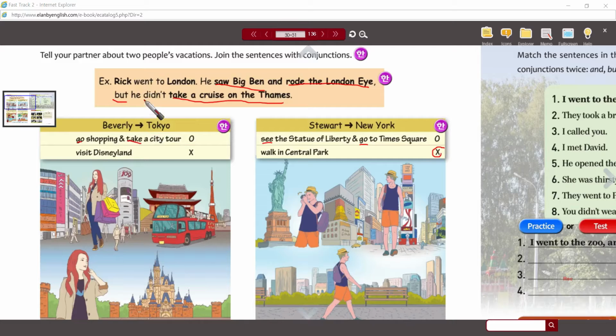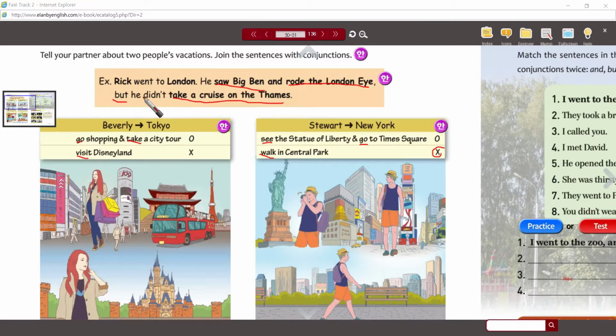But when we use a negative sentence, okay, so he didn't take a cruise on the Thames, she didn't visit, okay, so we precede that by he did not visit, sorry, she did not visit, and he did not walk. So he didn't walk in Central Park. Okay? So I didn't walk, you didn't walk, they didn't walk. So we're preceding it by the phrase didn't. Okay? So we're talking about a past event.